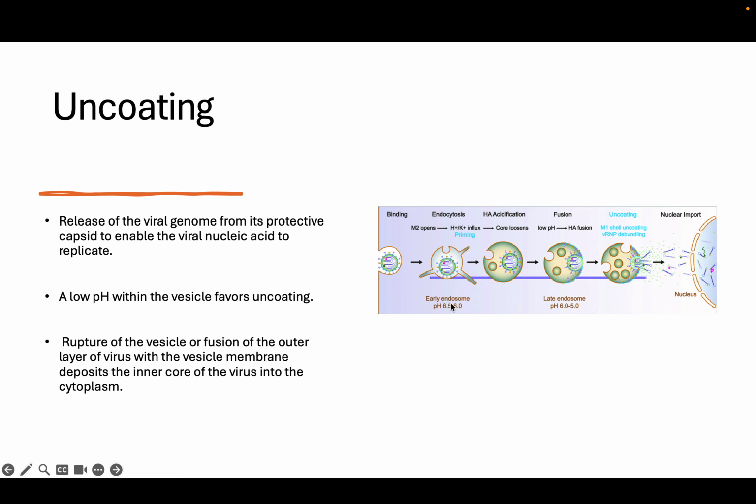So suddenly you go from a pH of 6.5 to 6 down to 5. And this low pH causes some sort of change in the virus.